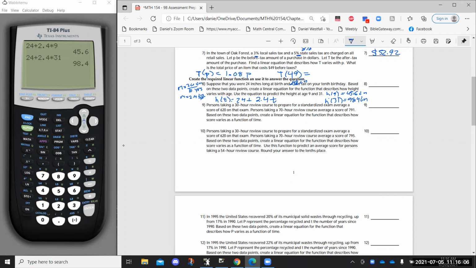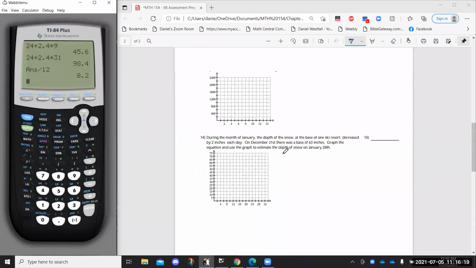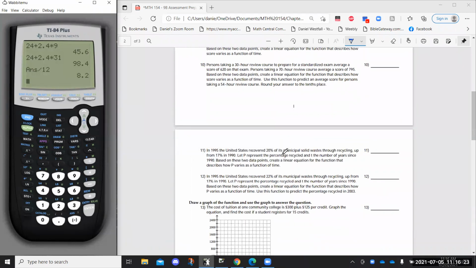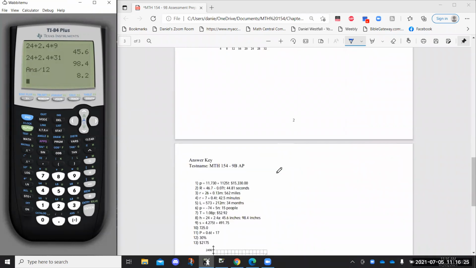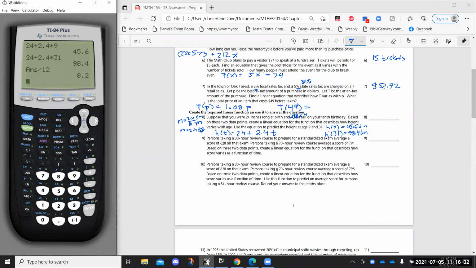That 98.4 inches seems like a lot until you divide it out and you see that person is 8 feet tall. So let's see if that's right. That's a pretty tall person, right? Assuming that they keep growing. 8. Yep. So we don't actually keep growing like that usually.